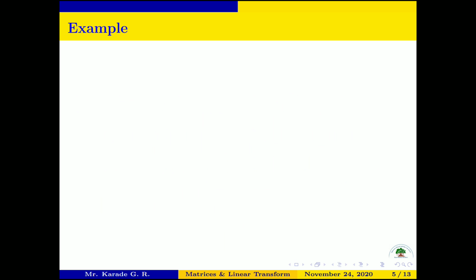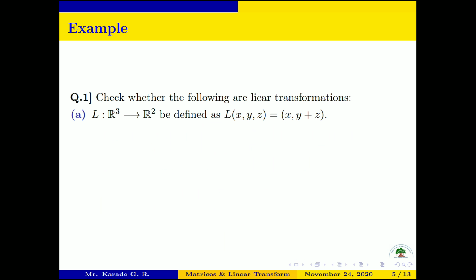Let us see some examples. Check whether the following are linear transformations. First is, let L from R3 to R2 be defined as L of x comma y comma z is equal to x comma y plus z.